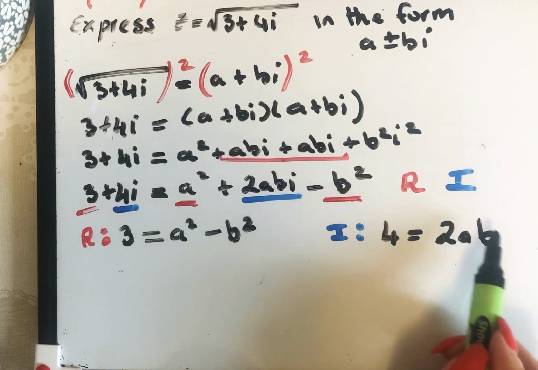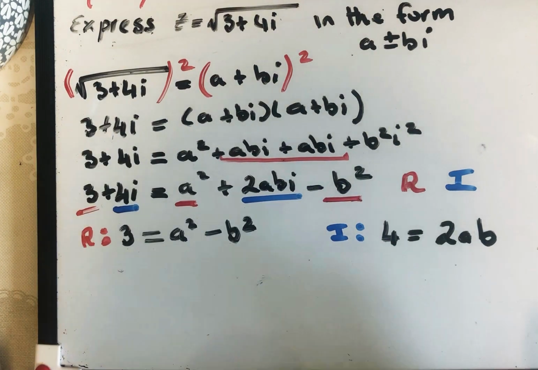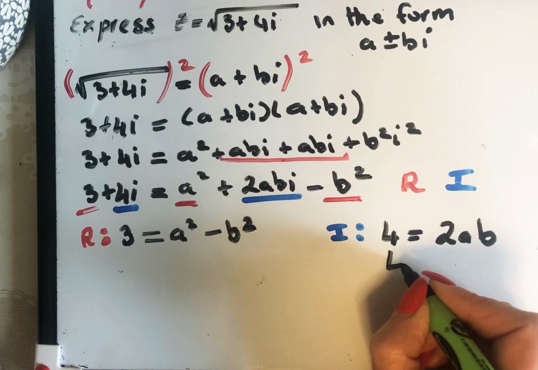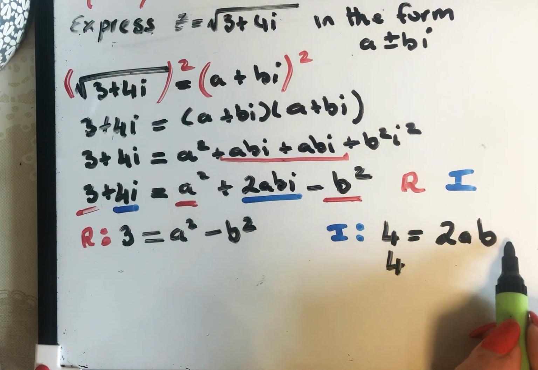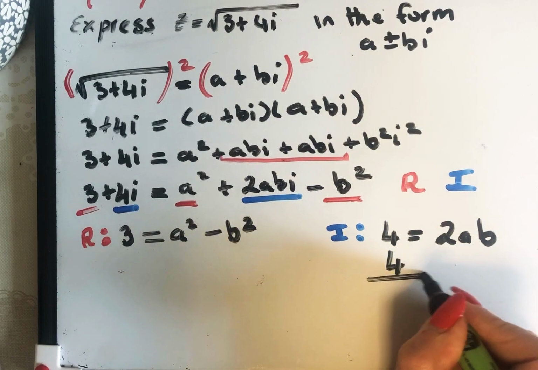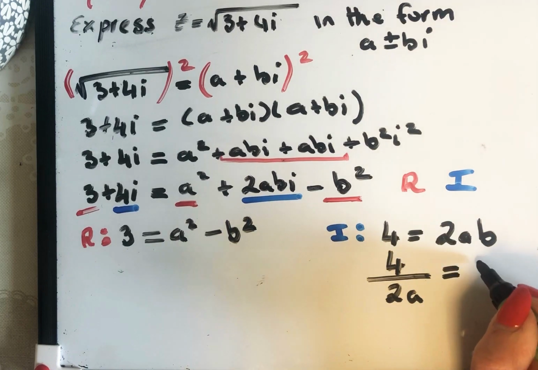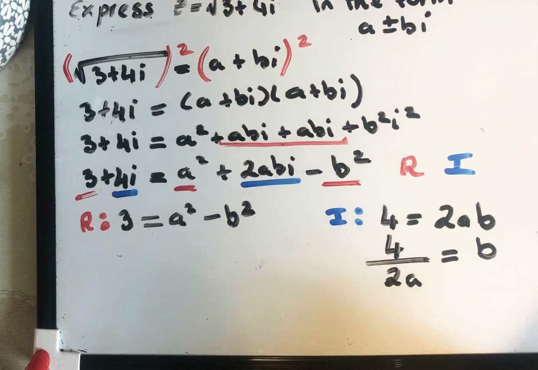Now let's take our imaginary equation and solve it to get either a on its own or b on its own. So, for the sake of it, let's get b on its own. So 2a is being multiplied by the b, so we do the opposite, which is division. Now we have 4 divided by 2a equals b. And let's divide the top and the bottom by 2.